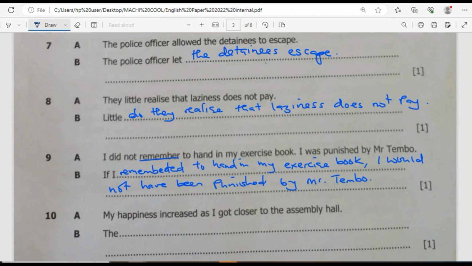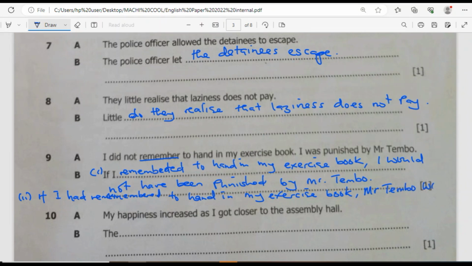And then you can also write it to say: if I had remembered to hand in my exercise book, Mr. Tembo would not have punished me.